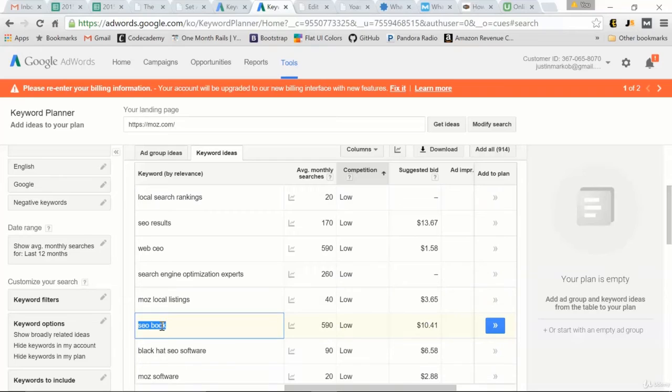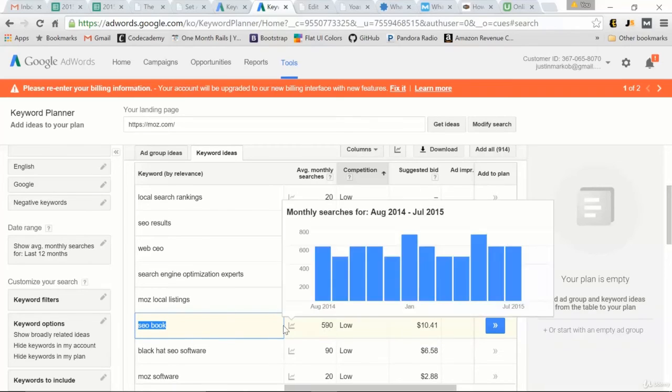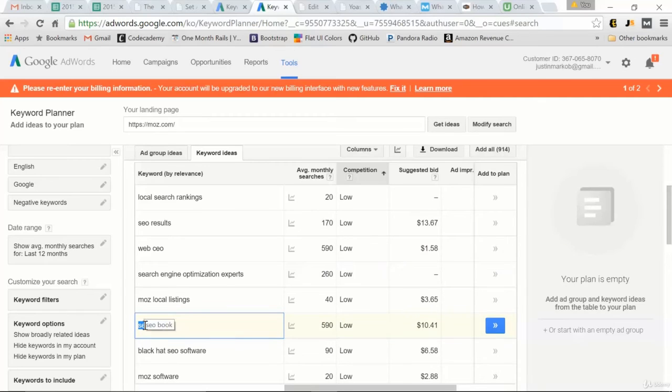It's pretty targeted towards what I'm looking for. I am selling a class on SEO information, so I could convert it into a book and then target these specific 590 people that are specifically looking for an SEO book. So an interesting angle, but make sure to play around and try to get at least 5 keywords that you want to rank for that are relevant to your brand or product or service.